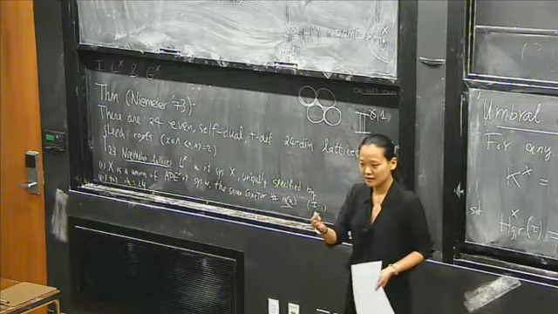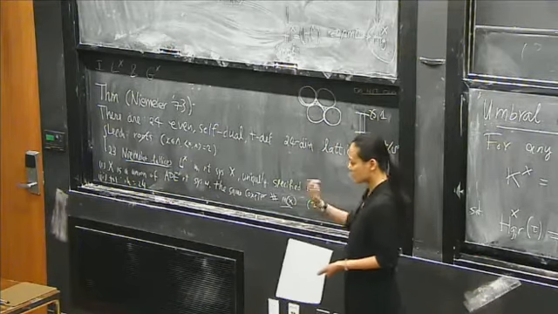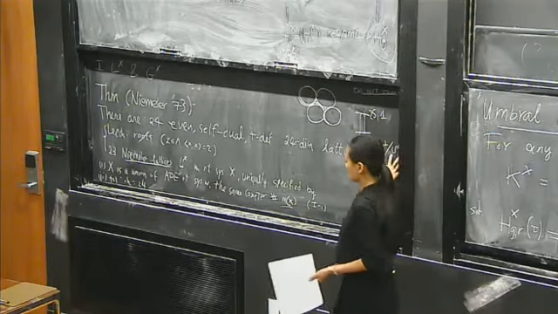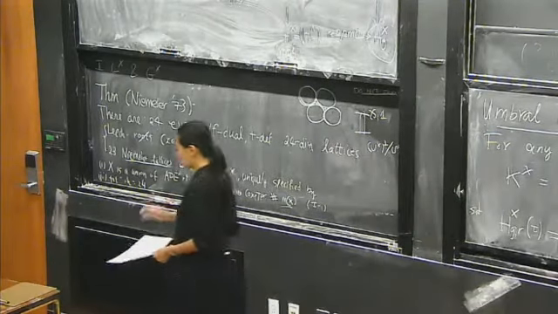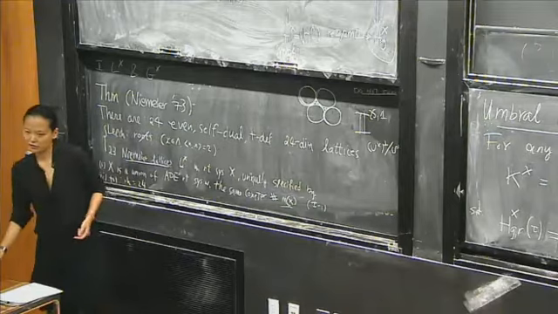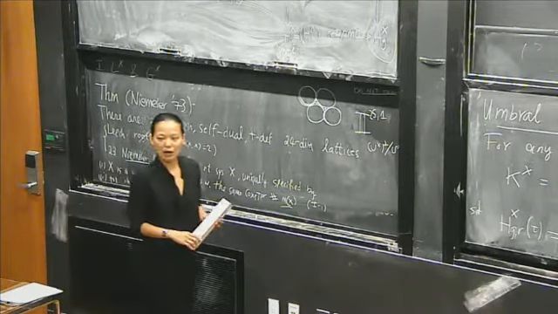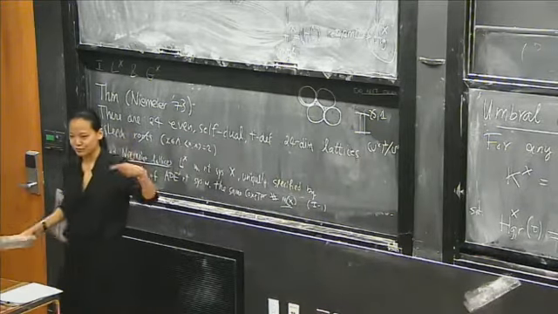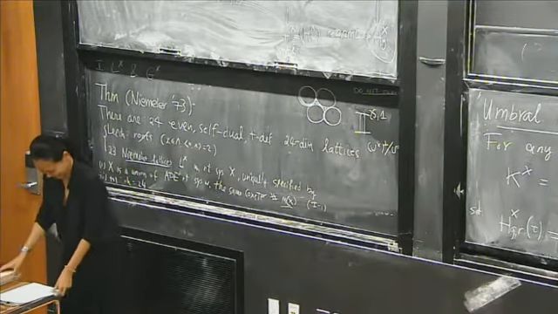The Leech lattice is singled out in this language because the null vector coincides with the Weyl vector of the Weyl group of this lattice. So this is the beautiful thing.